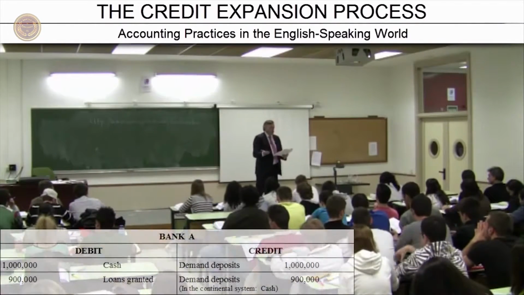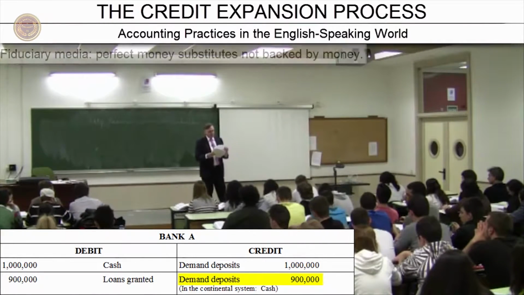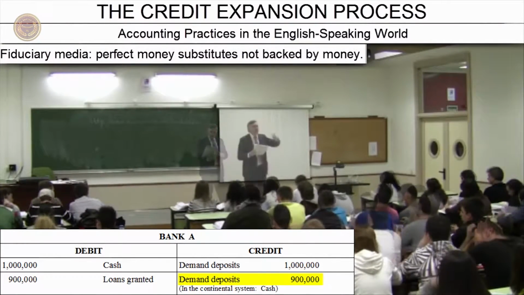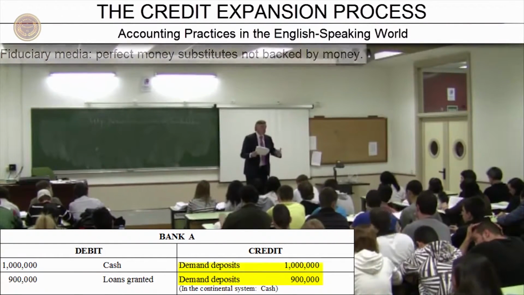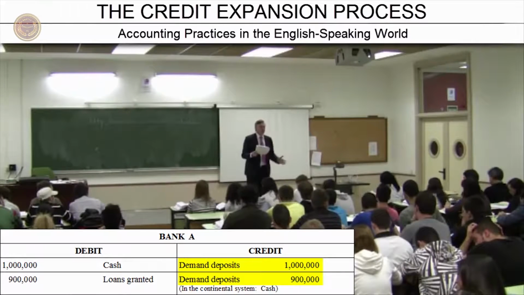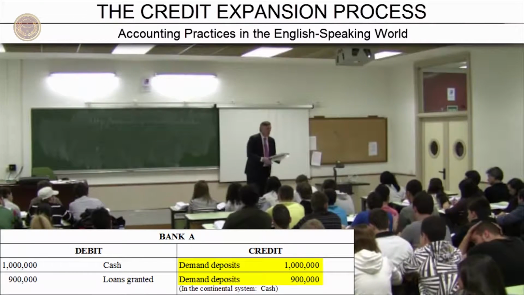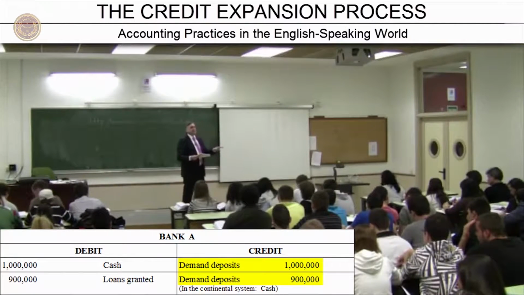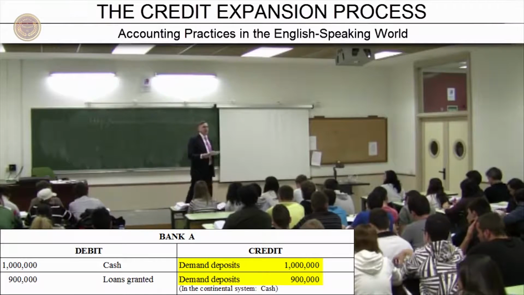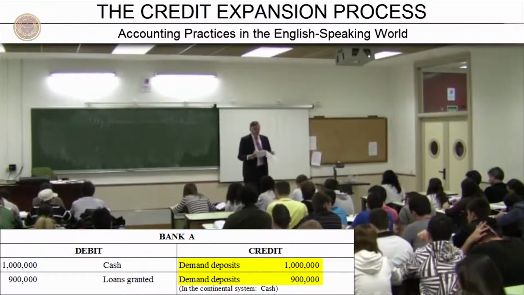But most importantly, as we have seen, the bank recognizes the creation of new money, or perfect money substitutes from nothing, in the form of fiduciary media. For before the owner of Company Z, who receives the loan, even begins to use the loan funds, the total amount of deposits has gone from 1 million to 1,900,000. And this, dear students, is what banks really do.